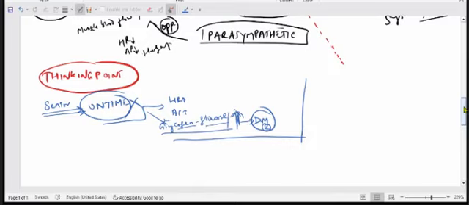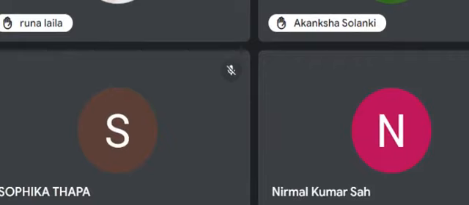Now, our second part. I'll stop sharing this and come to the second part. Our second part will be based on the organization of the nervous system. How the organization of the nervous system is important, we'll see that.